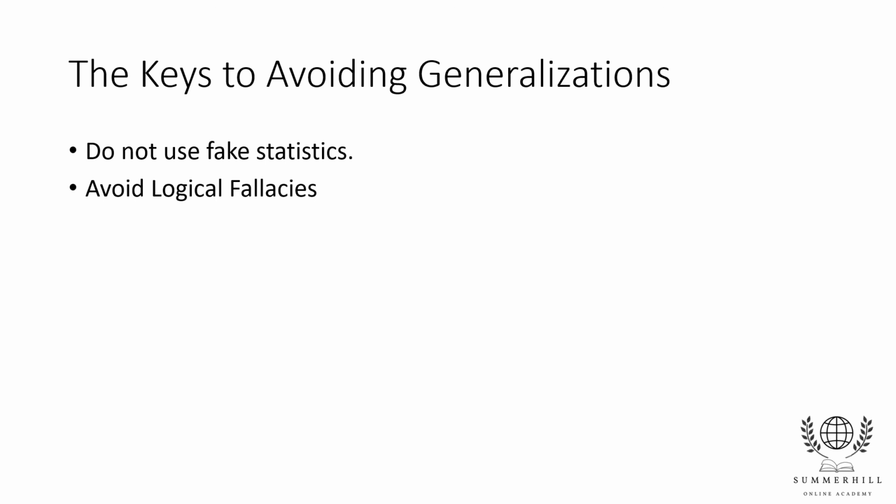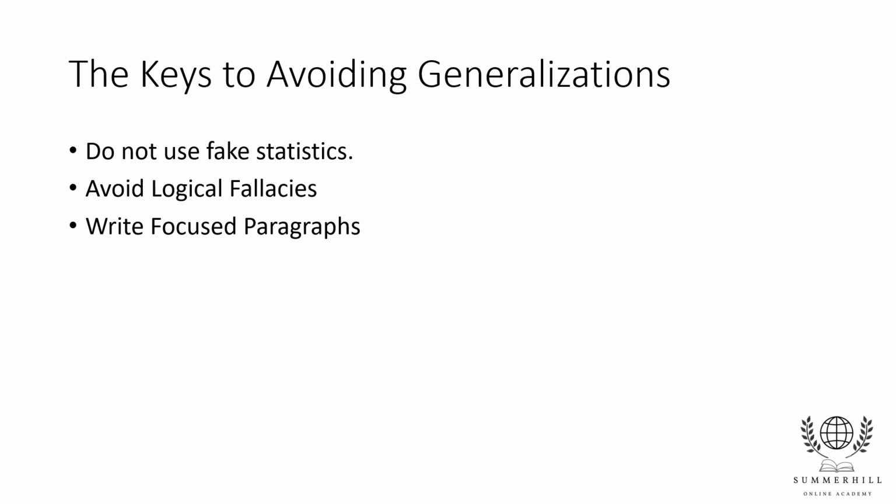We should also avoid logical fallacies by seeing two events happening at the same time with a causal relationship, a cause and effect relationship, or avoiding those global generalizations like oversimplifications.